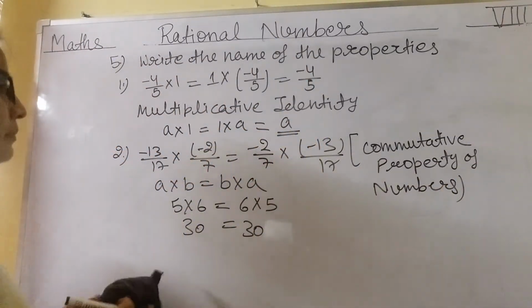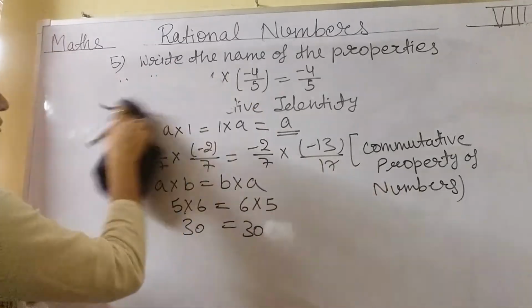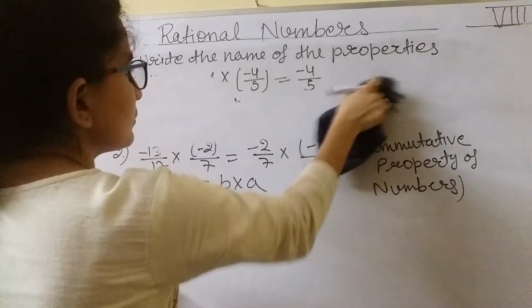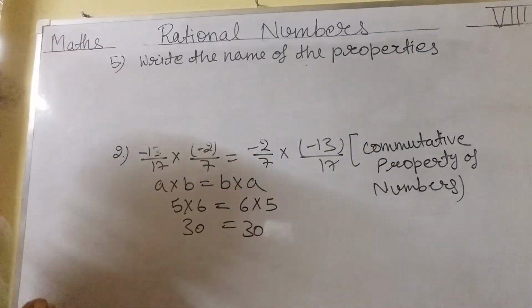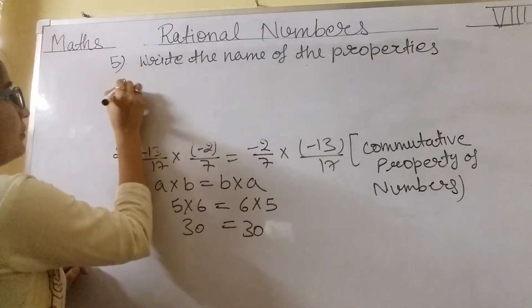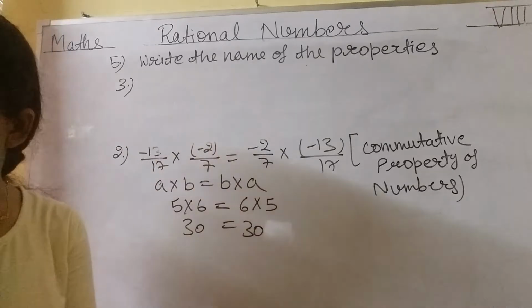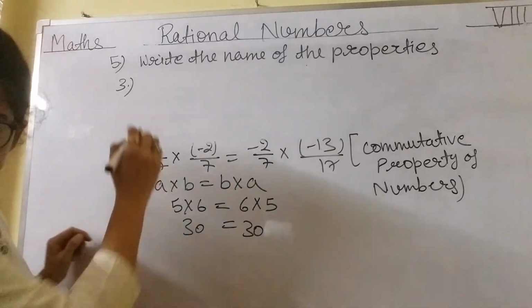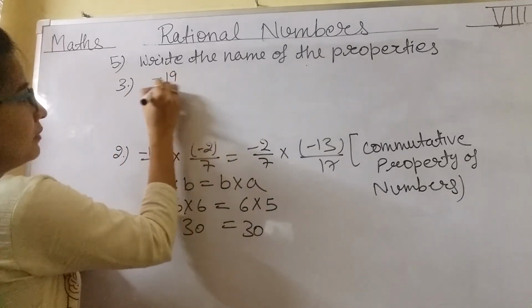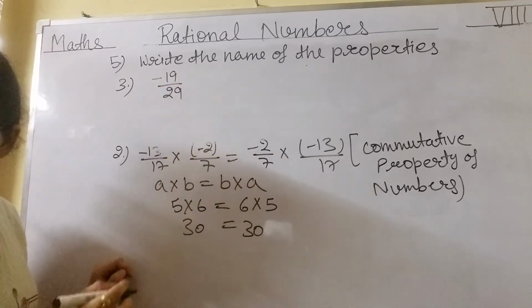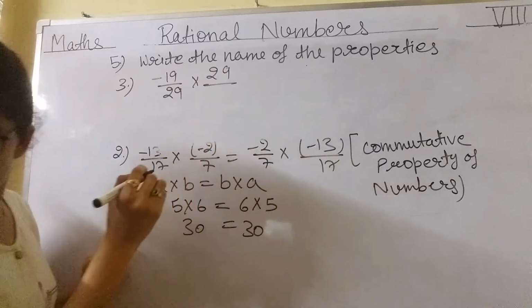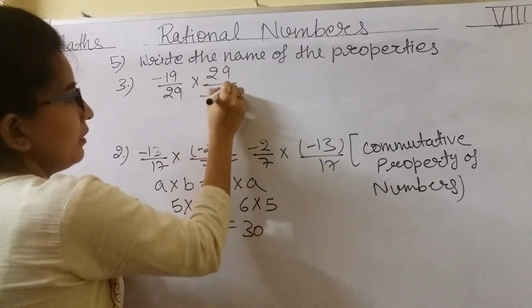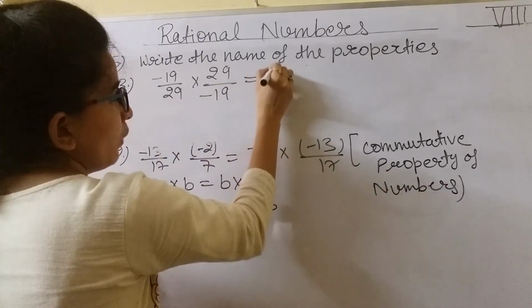Now the next is question number 3, minus 19 upon 29 into 29 upon minus 19 equals to 1.